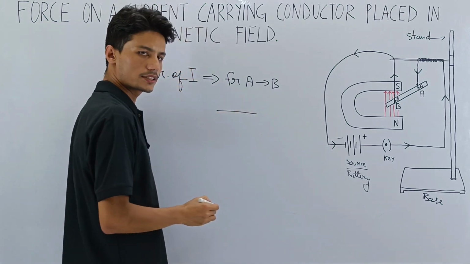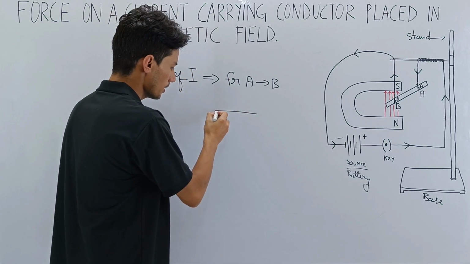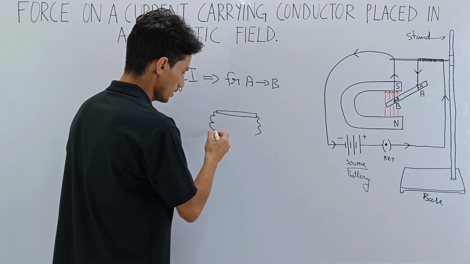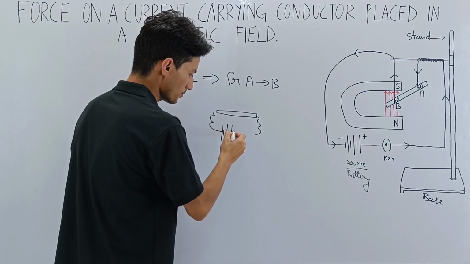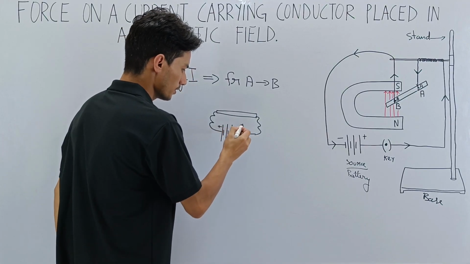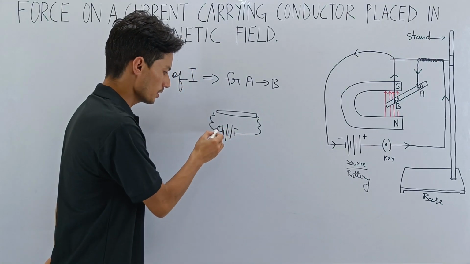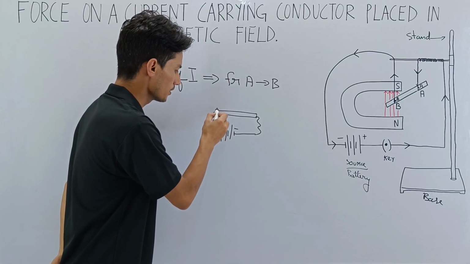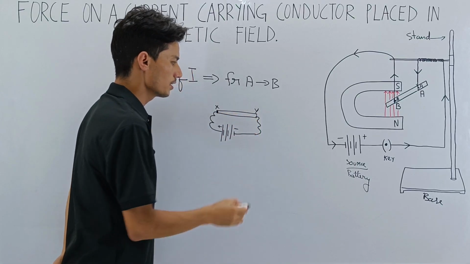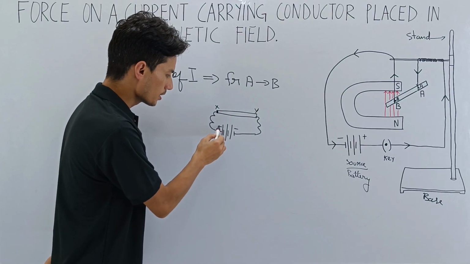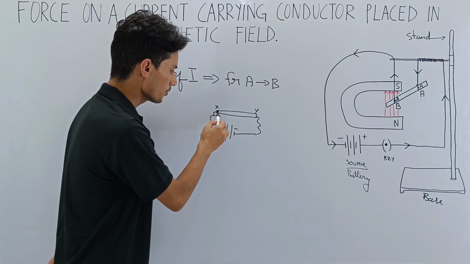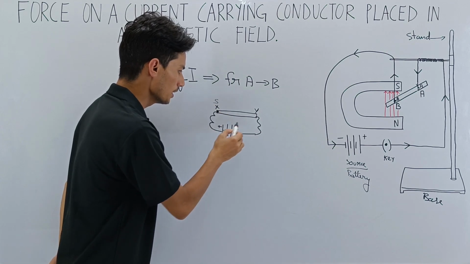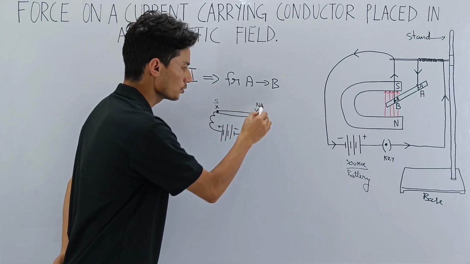So if this is a conductor, with ends x and y, and the positive terminal of the battery connects to x, then that end point of the conductor is considered the south pole, and the other one is considered the north pole.